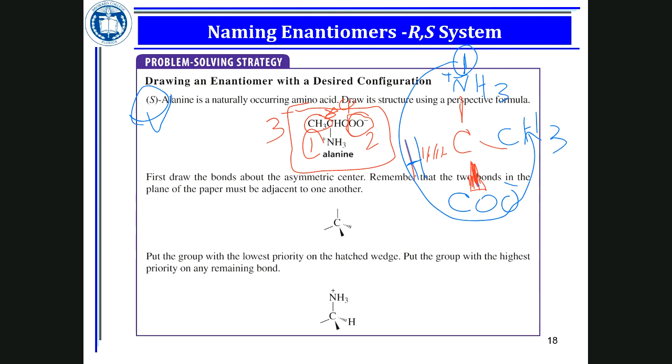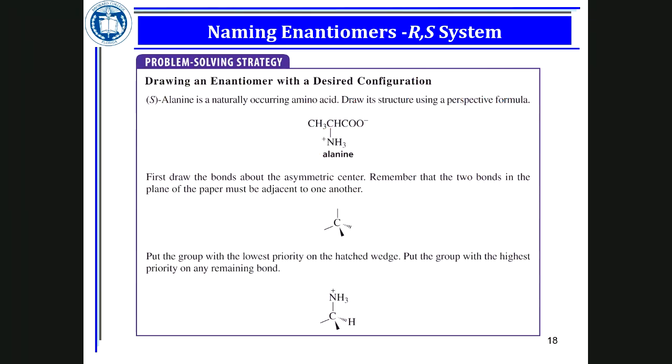Did you get it? I repeated 2 times, but I want to make sure that you get the steps. So you first have your condensed molecule. From the condensed molecule, you find your chiral carbon. So this is your chiral carbon. Then you look at the groups attached.